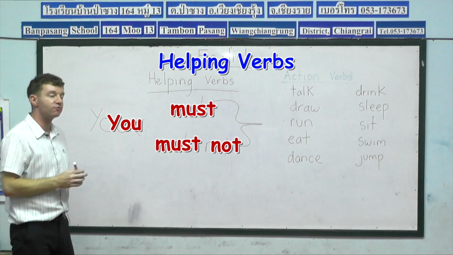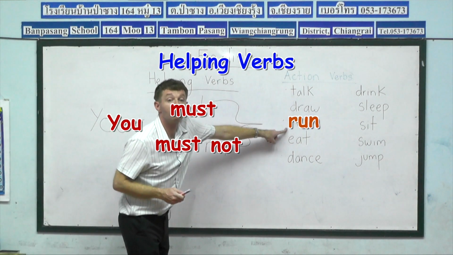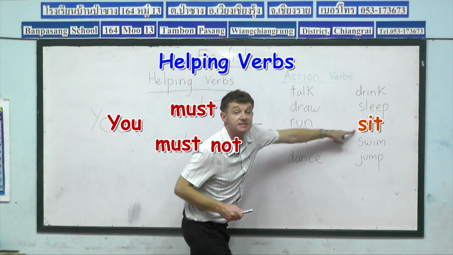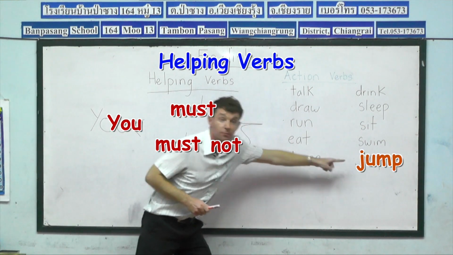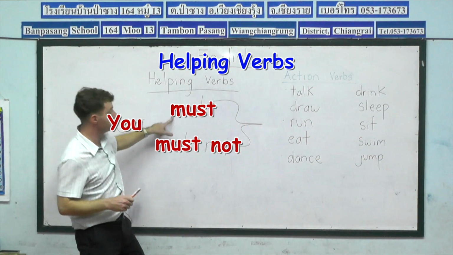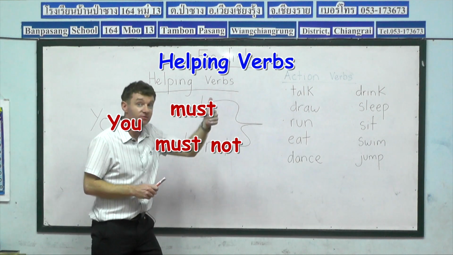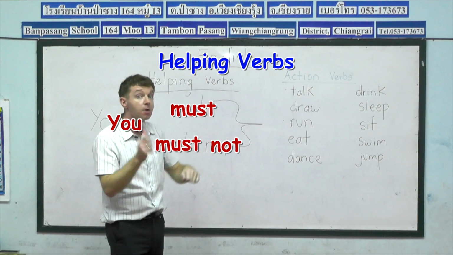So let's practice a few together. Let's do must first. You must run. You must sit. You must jump. You must dance. Okay, must when we have to do something. But when we should not do something, must not.